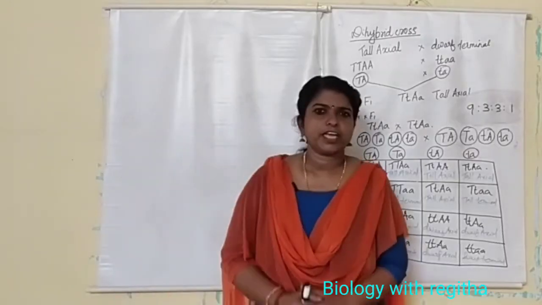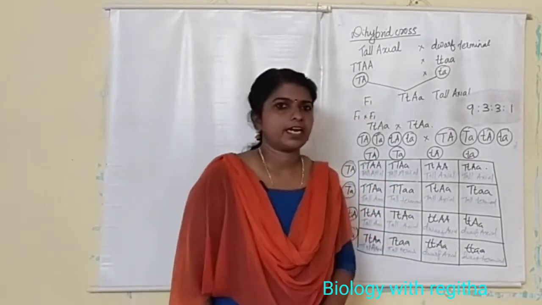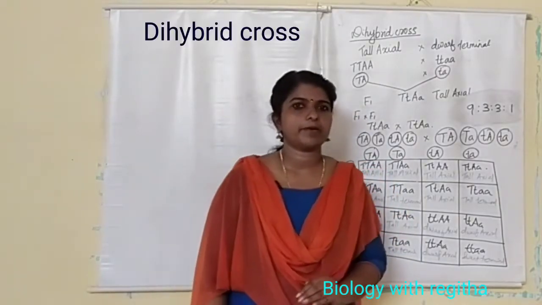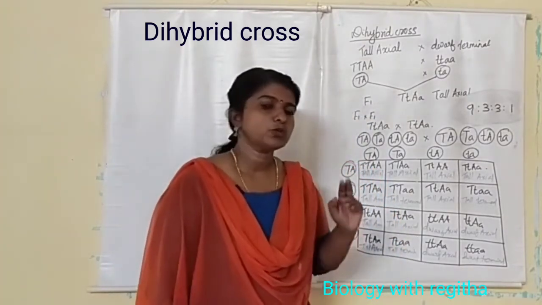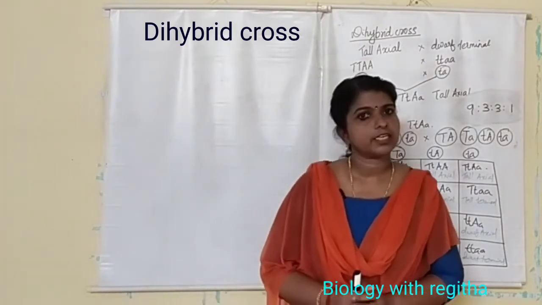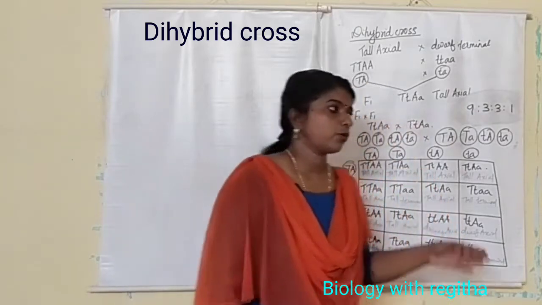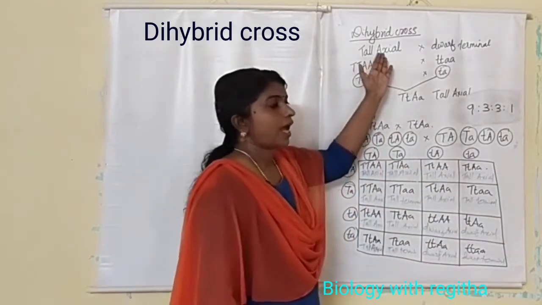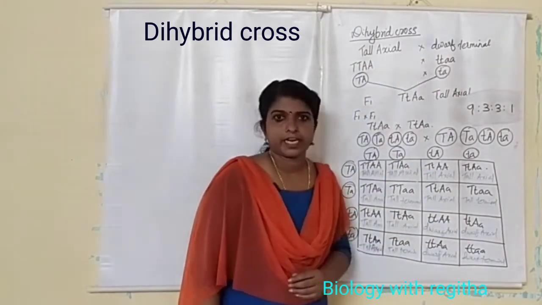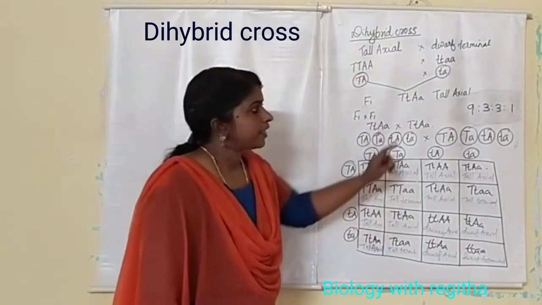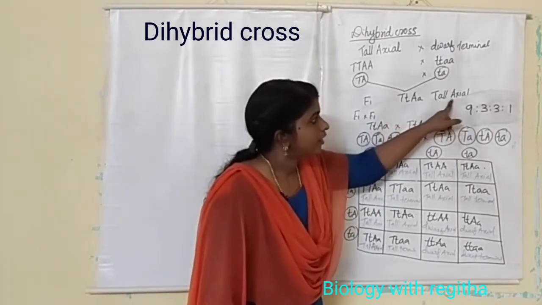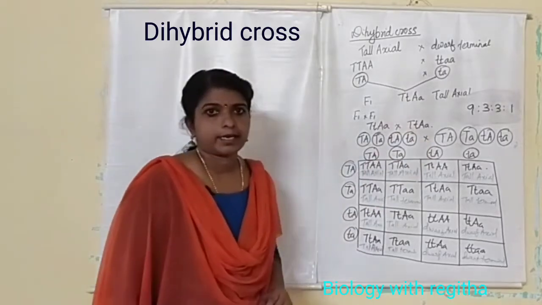Now let us study a typical Mendelian dihybrid cross. In a dihybrid cross, two pairs of characters were selected. Here I wrote one example, tall axial and dwarf terminal. In the F1, all the progenies obtained were tall axial.